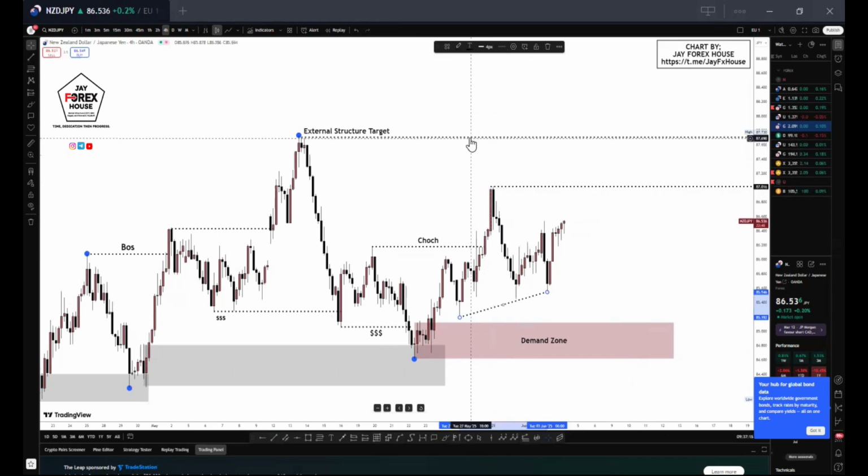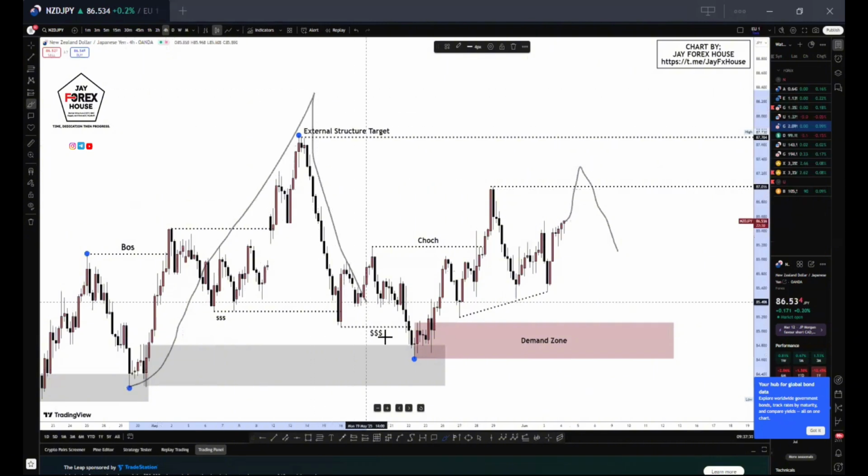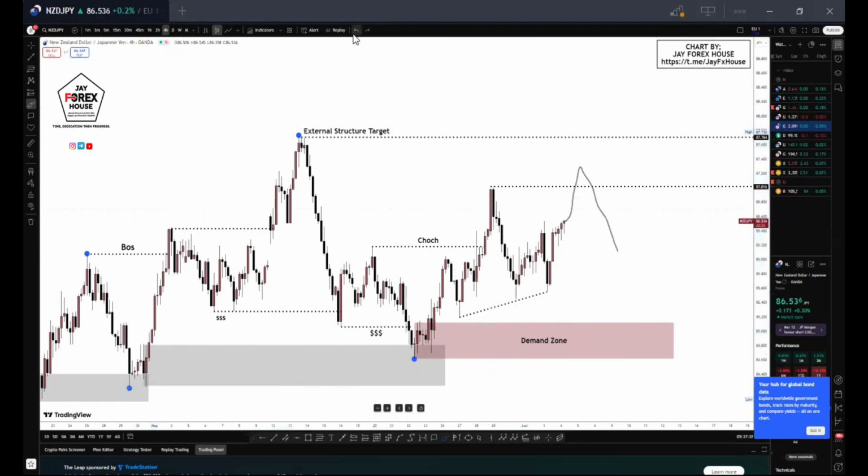While this would be the external structure target to create a new higher high. So we're saying basically price going above this high, we might still see a retracement. It's still possible. That doesn't mean price is bearish. Price could still be bullish, because the overall structure on the swing range, we're expecting something like this. All right. So this is an internal structure target, while the overall target is still bullish.